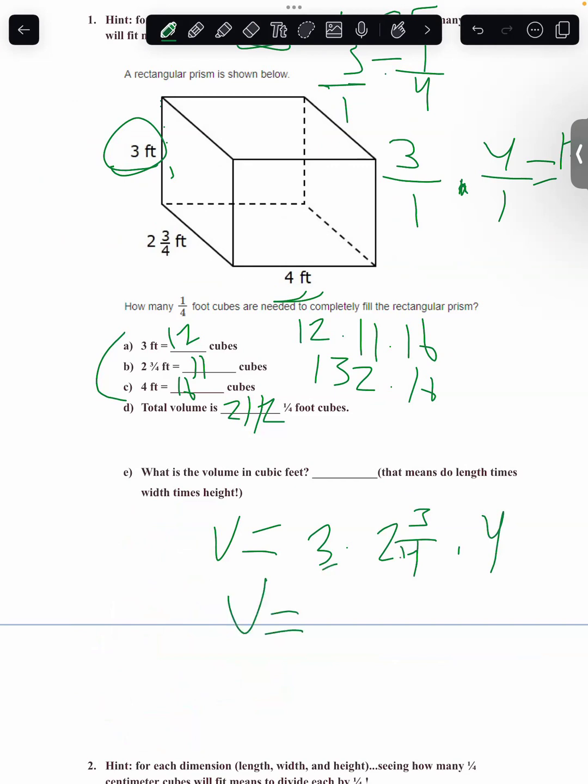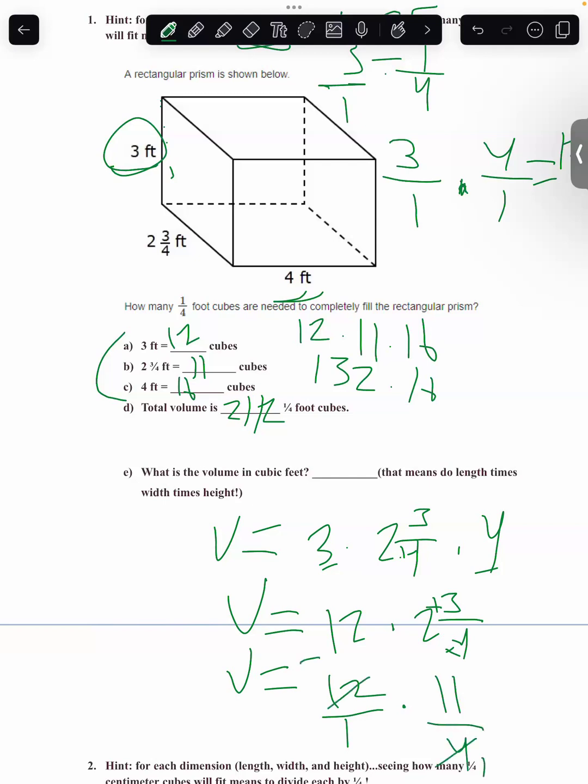So I would rather do the 3 times the 4 first, which is 12, times 2 3/4. 2 times 4 is 8 and 3 is 11. So 12 over 1 times 11 fourths. Simplify that by 4, so you get 3 times 11 is 33 cubic feet. All right, so that was number 1.